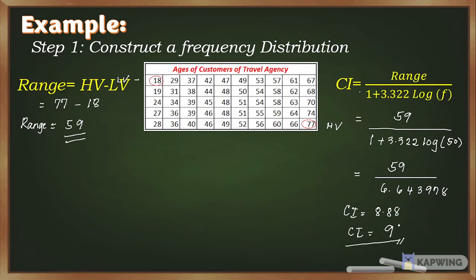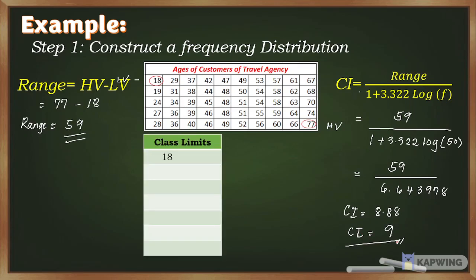This means we have a class interval of 9 for each class limit, or for each class. Since the value of our class interval is 9, we add it to the lowest value of our data to get the lower class limits. First, 18 plus 9 is equal to 27. 27 plus 9 is equal to 36. 36 plus 9 is equal to 45.